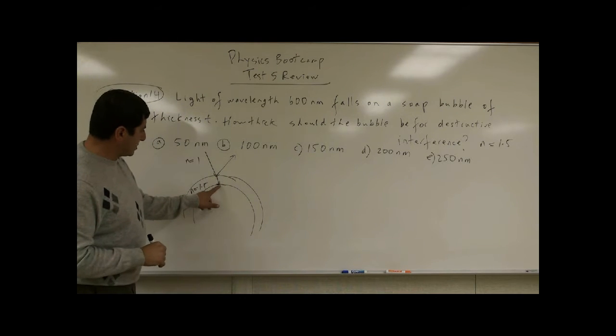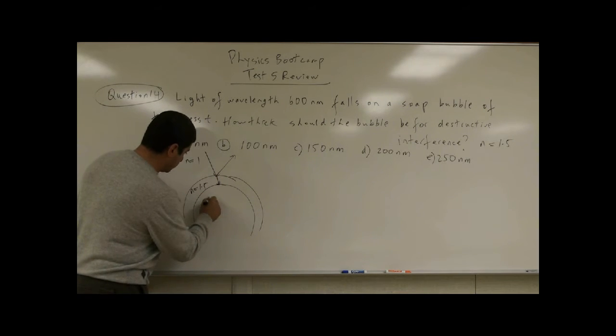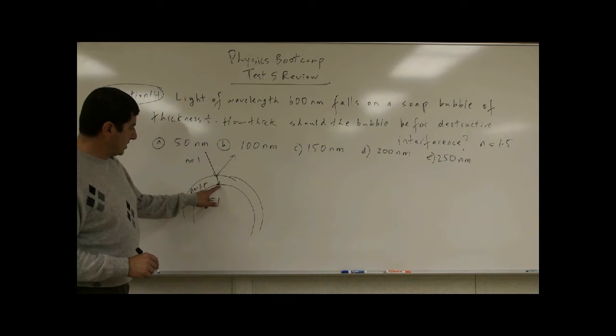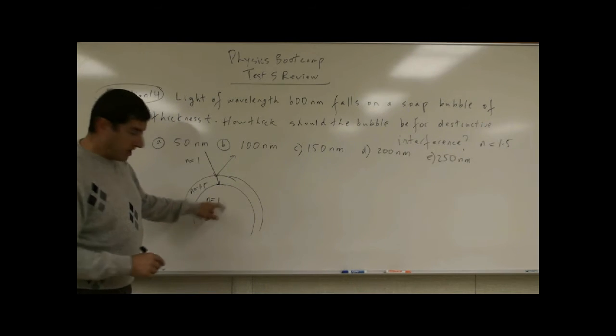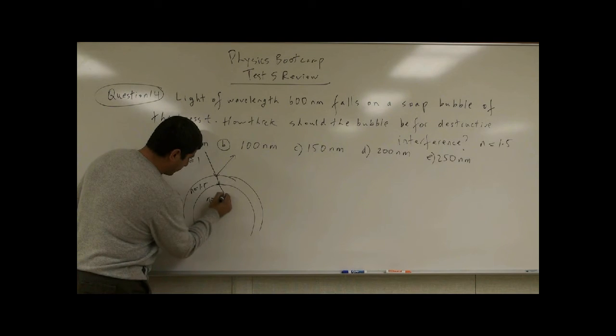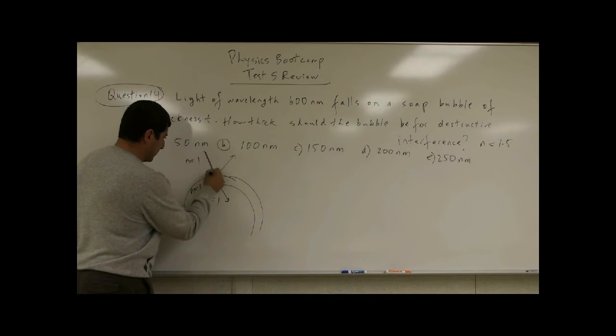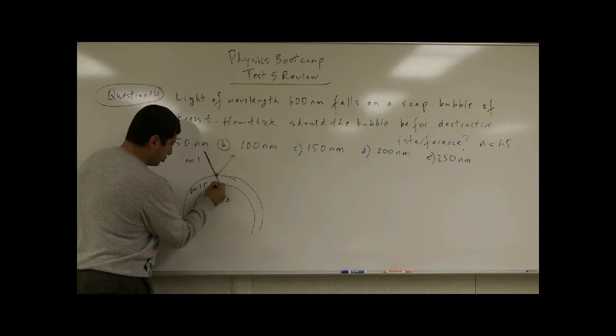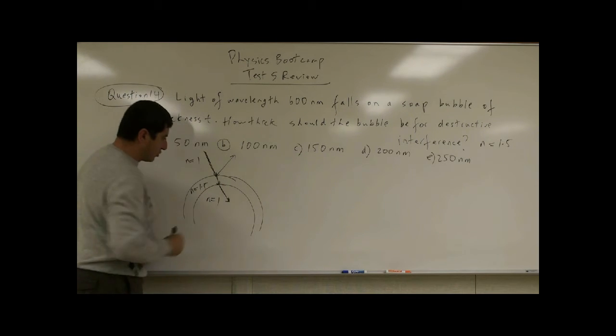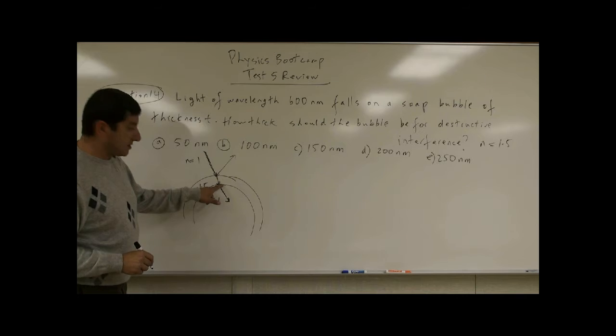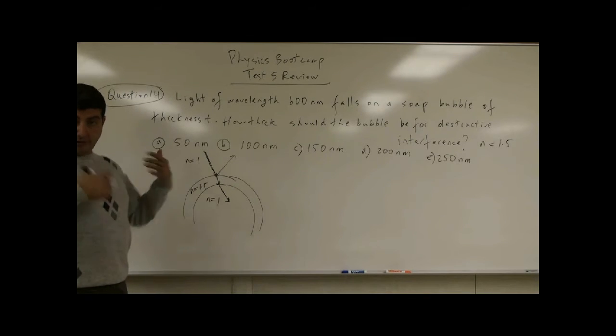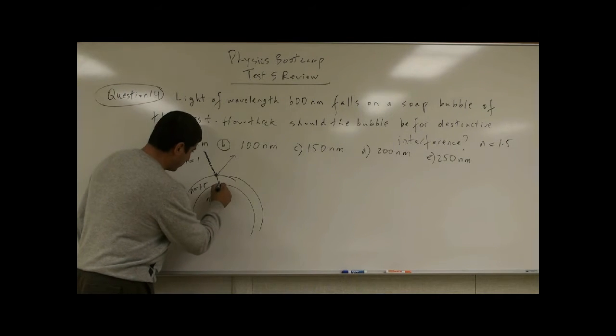So now, how about this interface? This is also air. So part of it will transmit into the air, so it will bend outward away from the normal. And at this interface, part of it will also reflect. So reflection.